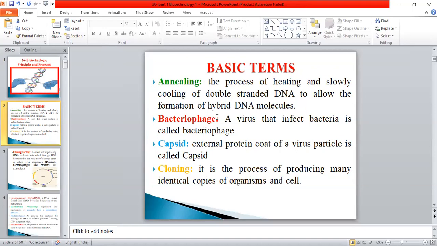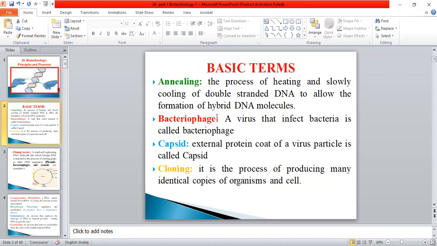Next one is bacteriophage. Already you know a little bit: what is meant by phage? Phage is nothing but a virus. Bacteria are prokaryotes, lower organisms. A virus that infects bacteria is called a bacteriophage, meaning the phage that infects the bacteria.